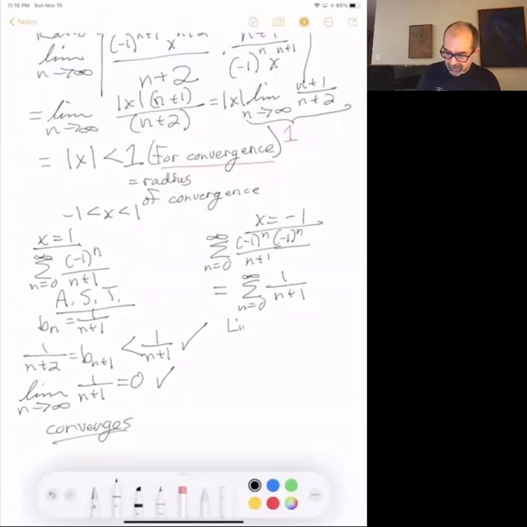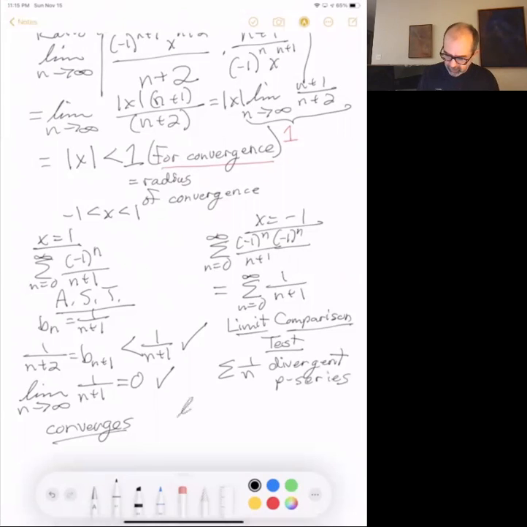This is going to be a limit comparison test. You might need a little bit more time to figure this out. But the idea is 1 over n is a divergent series, because it's a p series, it's the harmonic series.